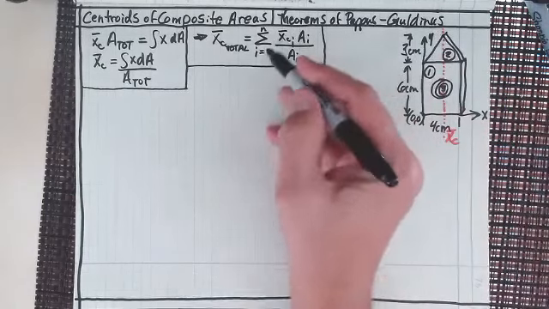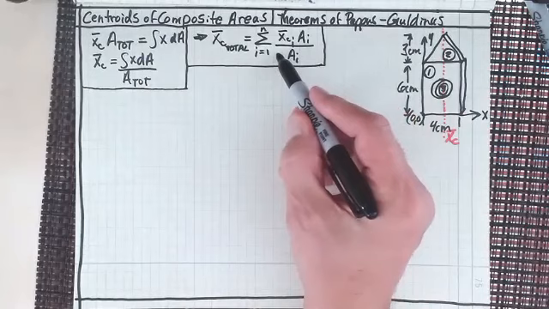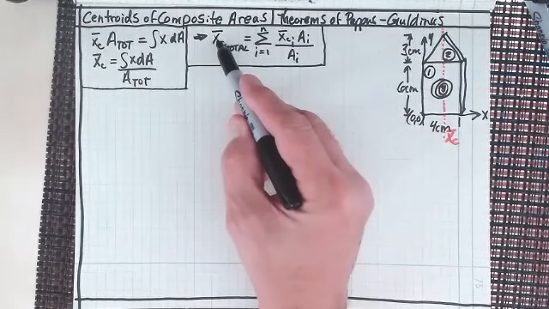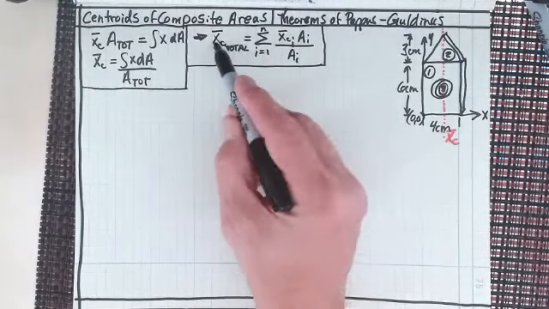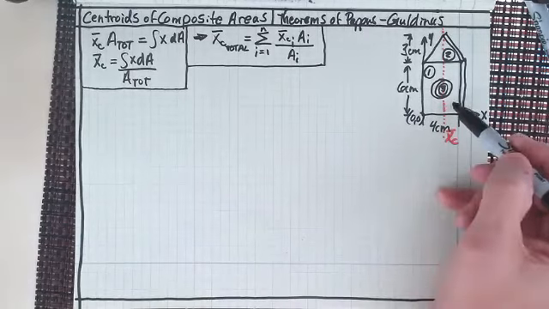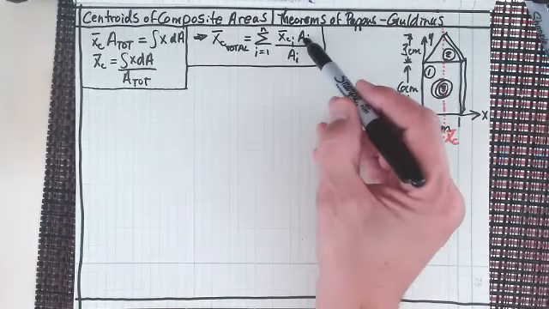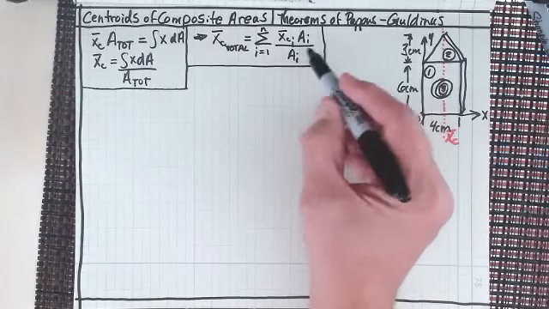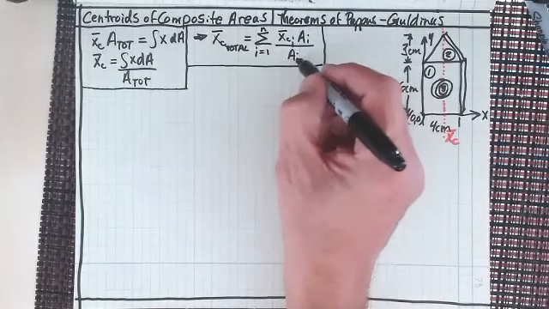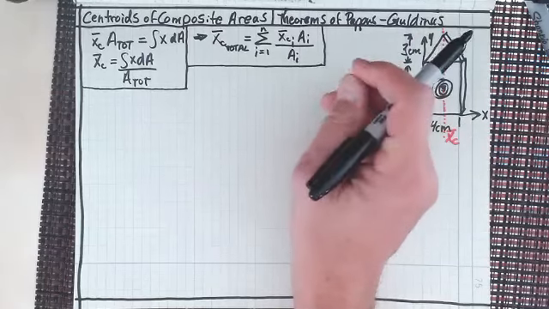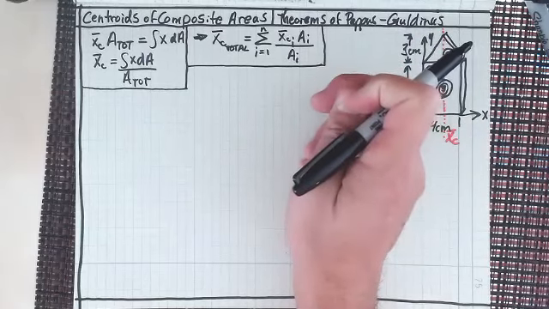So let's just go back to our original equation that we've got here, that the overall total centroid of that composite body is going to be the sum of all the individual centroids times their cross-sectional area, divided by the total, in fact, the total of all of those areas summed up on the bottom.